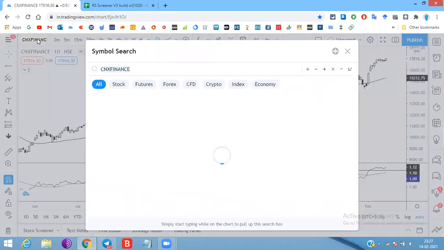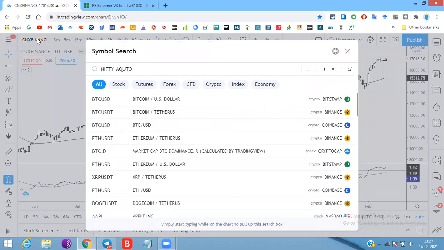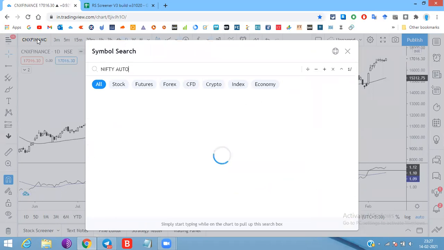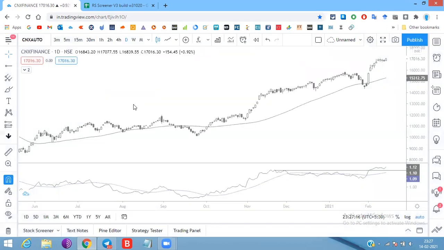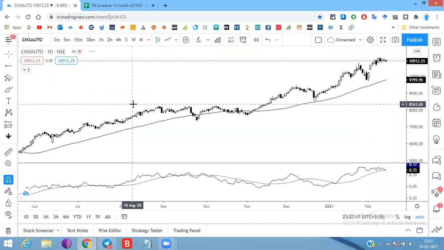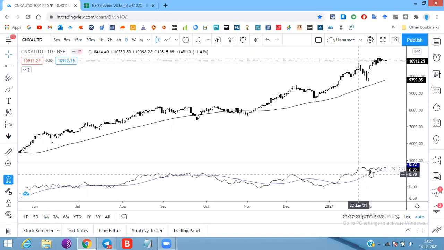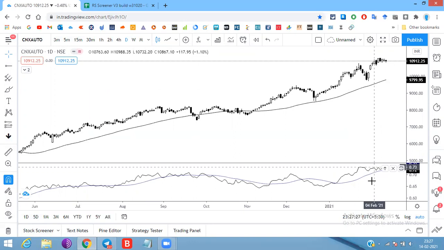Okay, let me take Nifty Auto. In Nifty Auto also we can say there is a good trend line. Nifty Auto is currently in a triangle type situation.